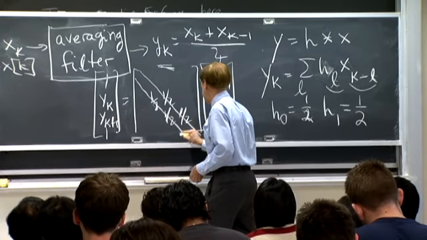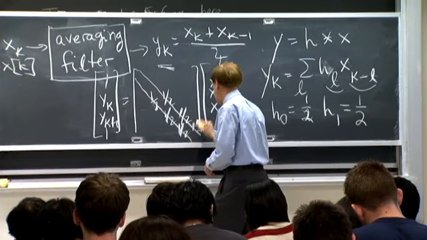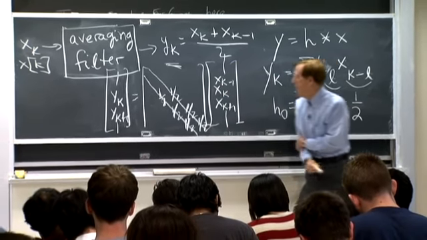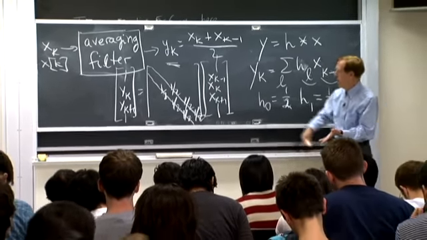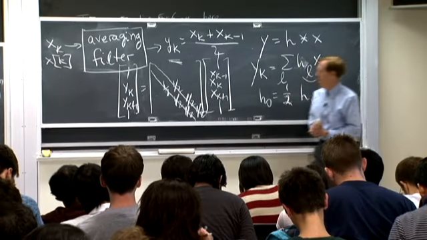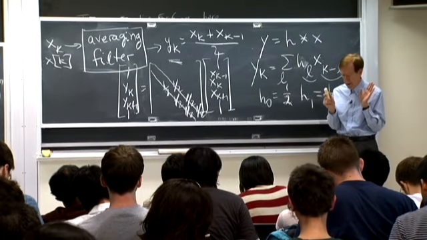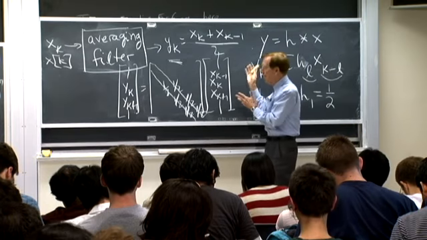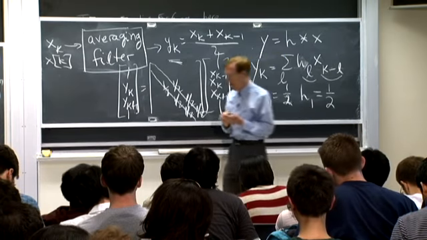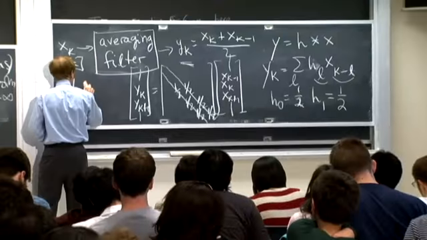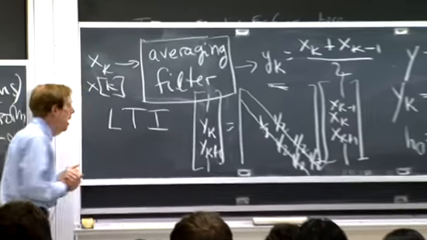So it's just constant diagonal. Now, let me tell you the word. When an electrical engineer looks at this, the first letters he uses are linear time invariant, LTI.